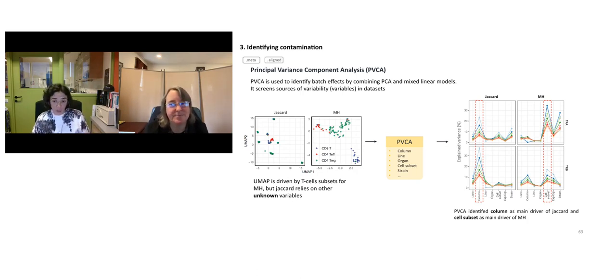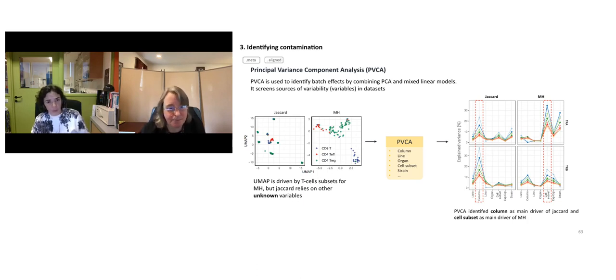And we tried to see which of those variables were explaining the differences and the similarities between our samples. When you look at the Jaccard, which is just the overlap in terms of species presence or absence, you can see that the sample position in the column is one of the most explanatory variables, with up to 30% of the variance explained only by the position in the column.